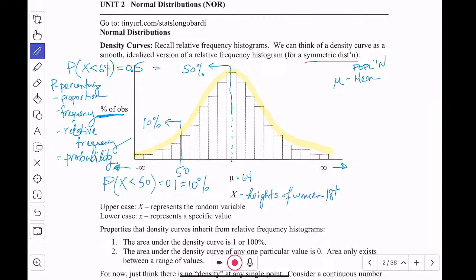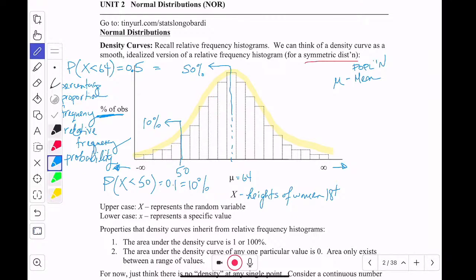Now, what if I wanted to talk about here to here? How much is between 50 and 64? Right, in probabilities.